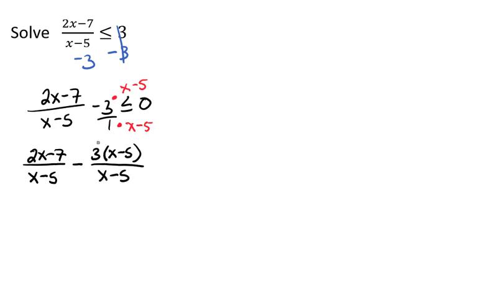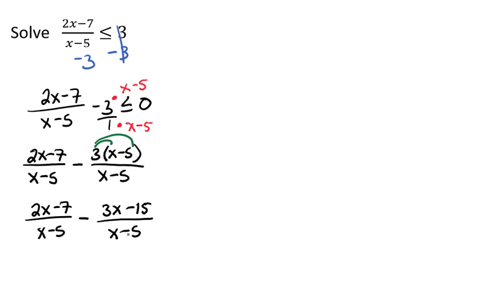From here, we'll distribute our 3, which will give us (2x - 7)/(x - 5) minus (3x - 15)/(x - 5).